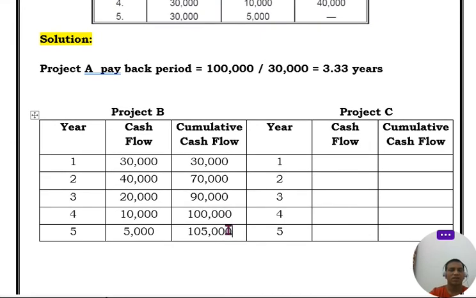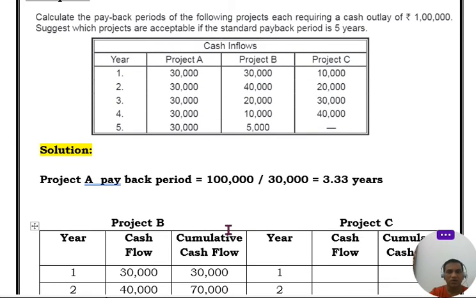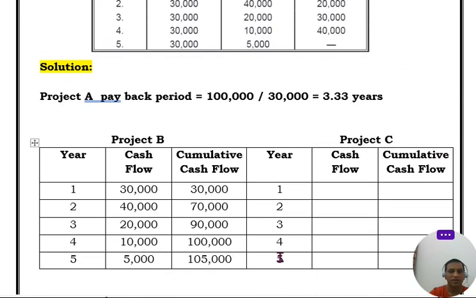What is your cash outflow, the cost of the project? 100,000. Here, where are you getting the cost of the project? This one. You are recovering 100,000 exactly at the end of the 4th year. At the end of the 4th year, you are receiving 100,000 back.